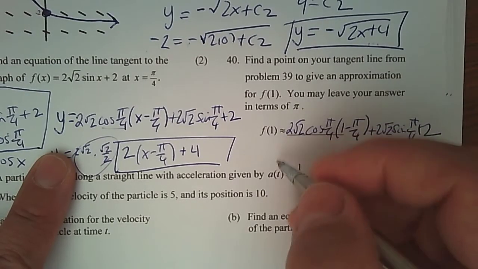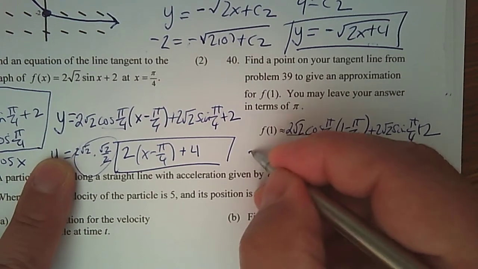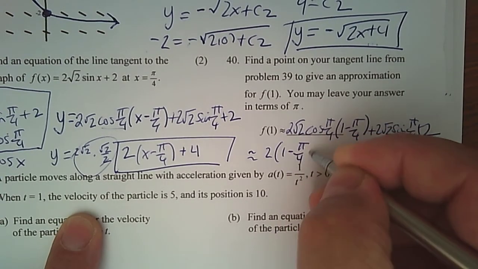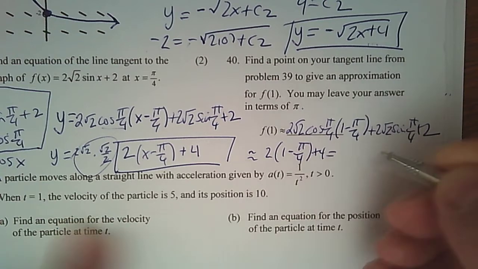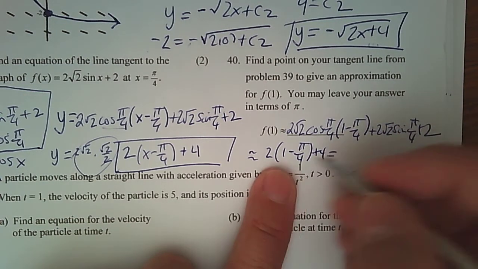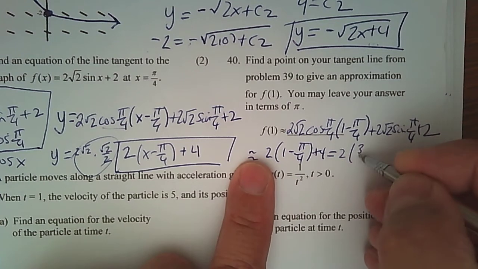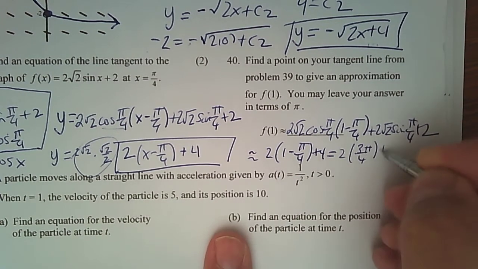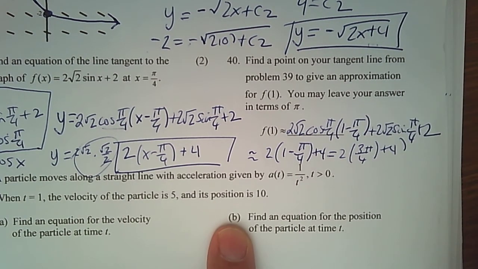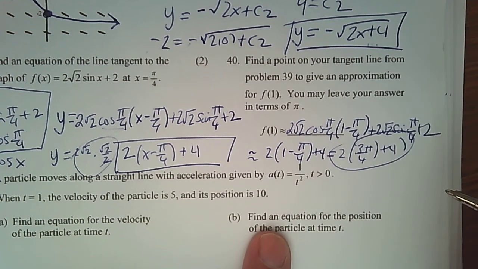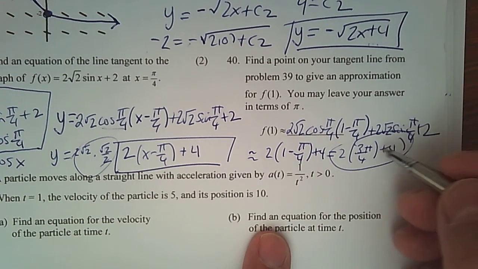Then if I plug in 1, 1 take away pi over 4, like a dollar take away 1/4, leaves me with 3/4, but it's pi. And that's a great answer. Yes, you could write it a little bit differently.